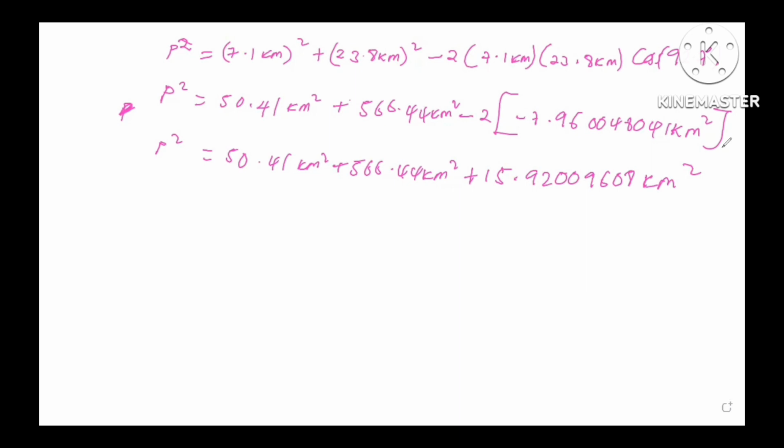Just add the answer that you have plus 566.44, then plus 50.41. 632.77000961 kilometers squared. 632.77.